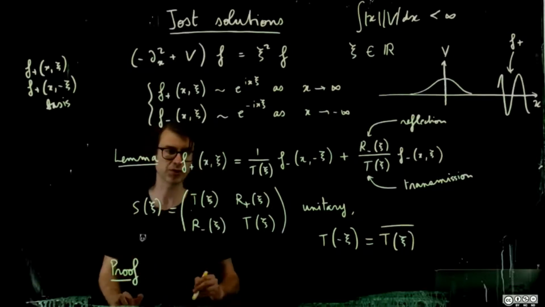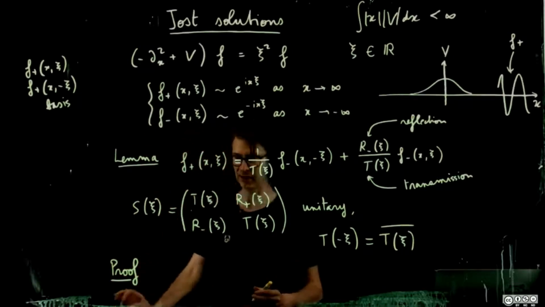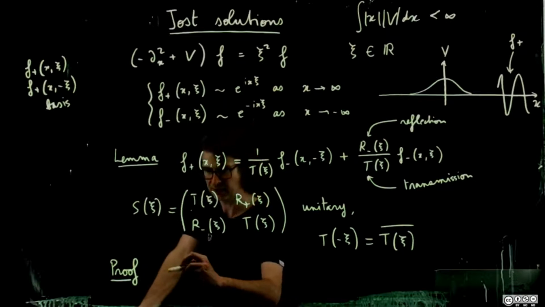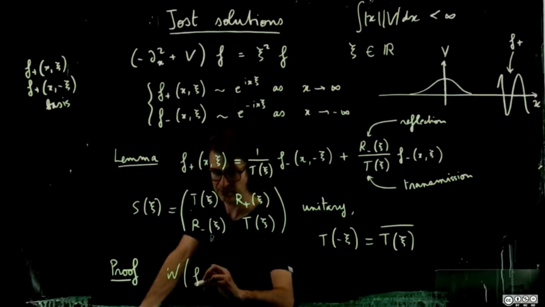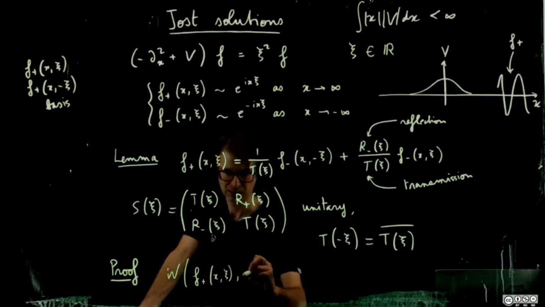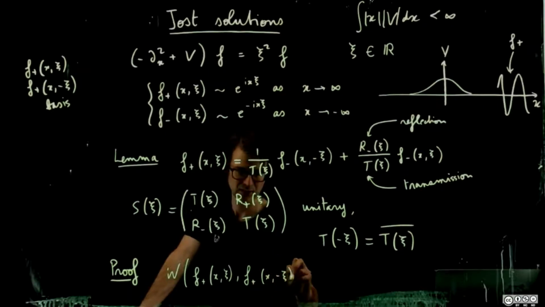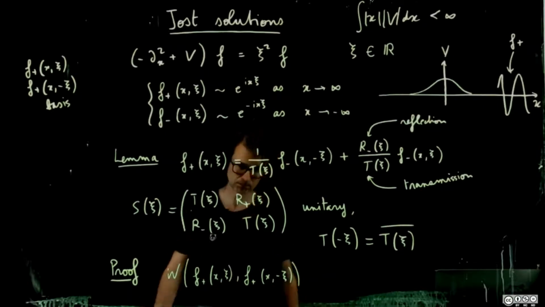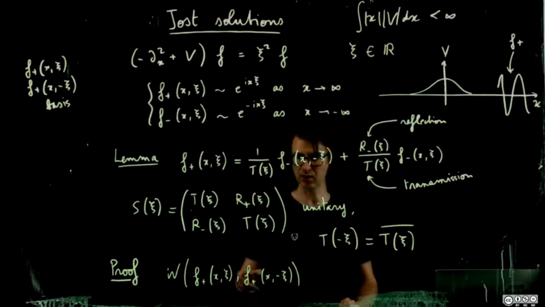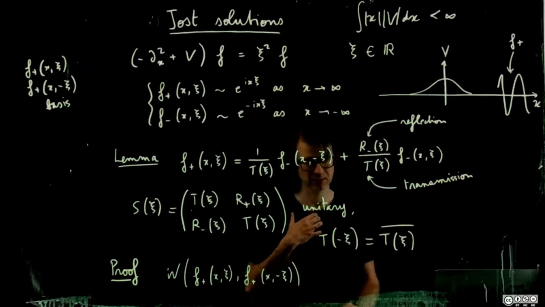more or less, you need to use variants of the following argument. If I look at W of, say, f plus of x, xi, f plus of x, minus xi, so the Wronskian, it's independent of x, of course.